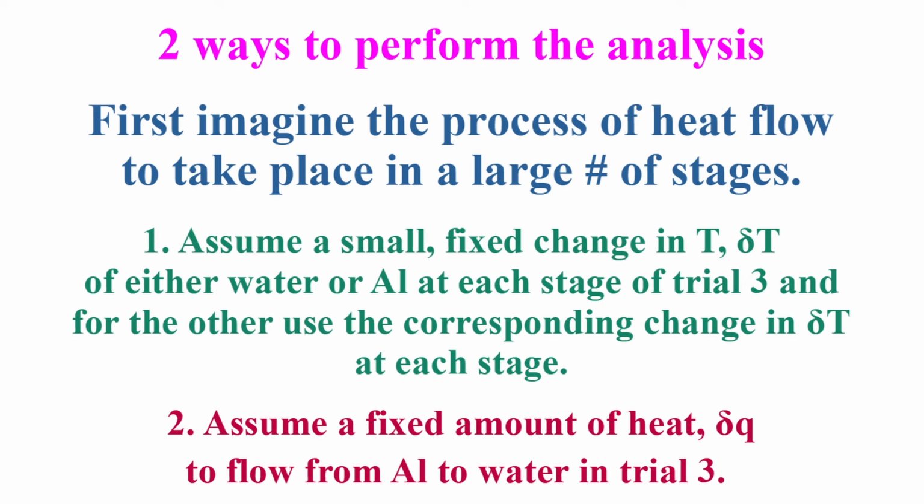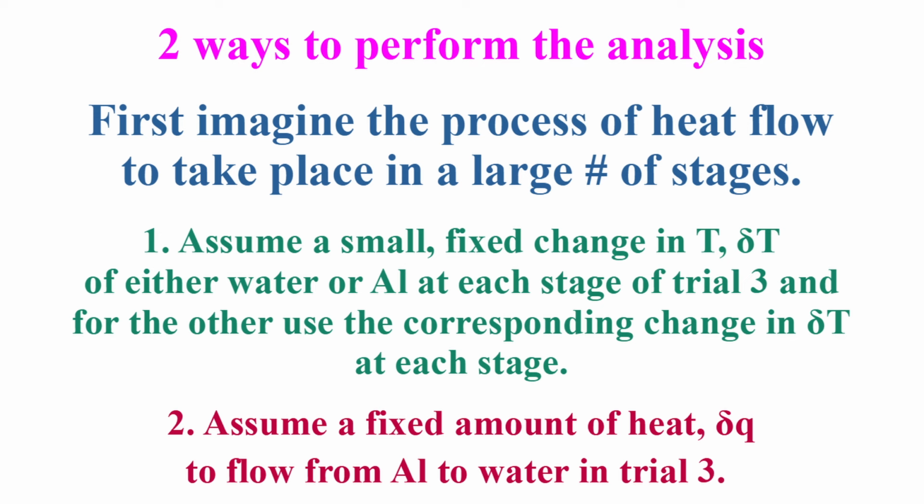Each stage can be imagined in one of two ways. In the first approach, we consider a fixed, reasonably small change delta T in the temperature of either aluminum or water at each stage of the heat flow in trial 3.